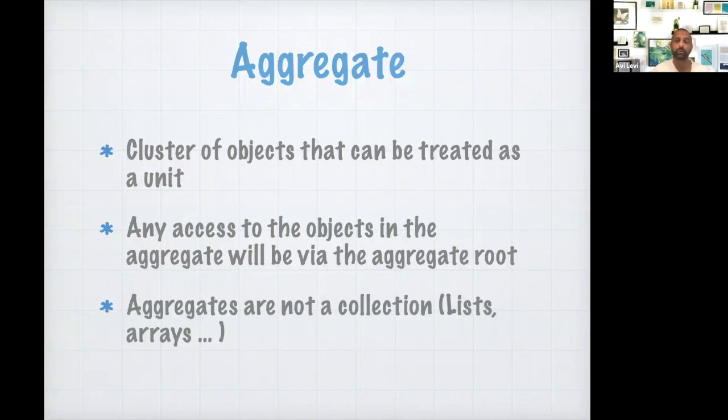When we want to know the address of the customer, we need to pull the customer, and via that aggregate we can find the address. Not to be confused with lists, arrays or other collections.